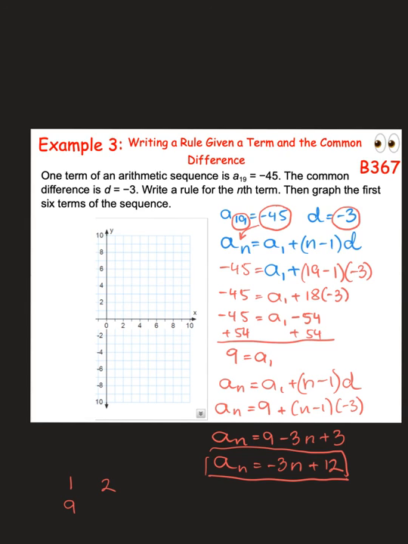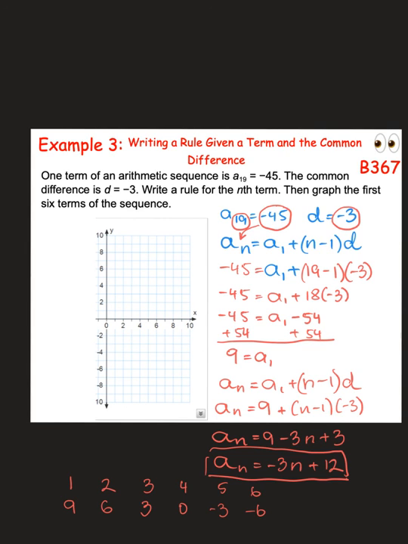So that's going to give us 6. The third term is going to be negative 9 plus 12. So that's going to give us 3. And the fourth term is going to be 0. The fifth term is going to be negative 3. And the sixth term is going to be negative 6.